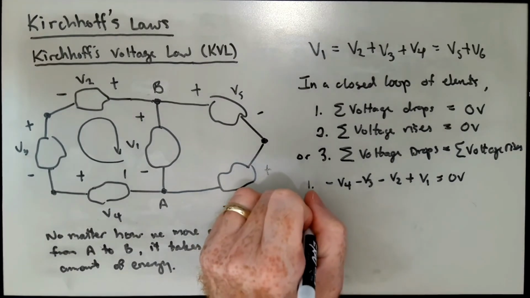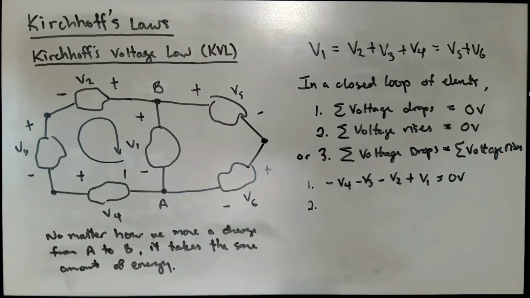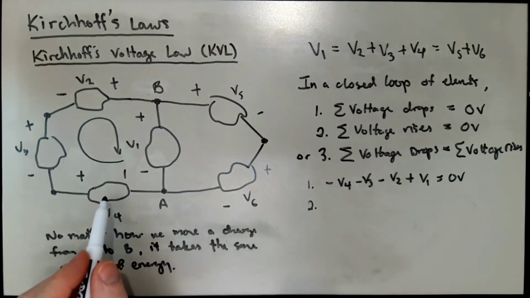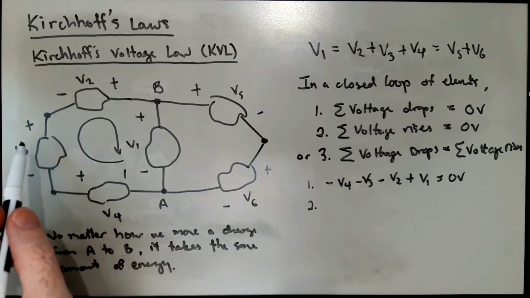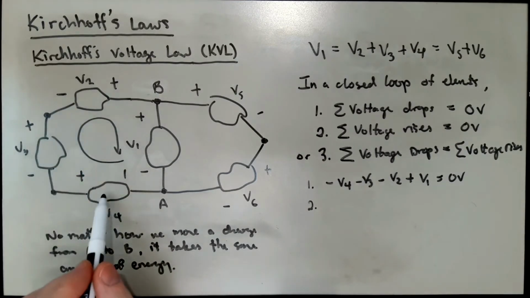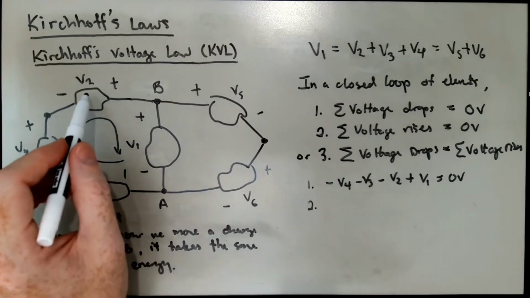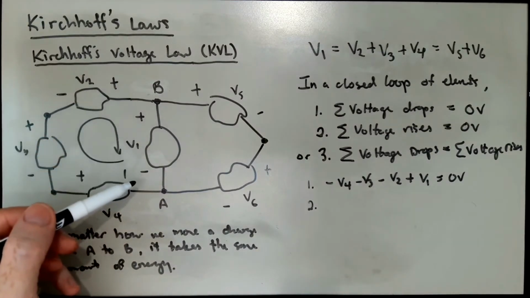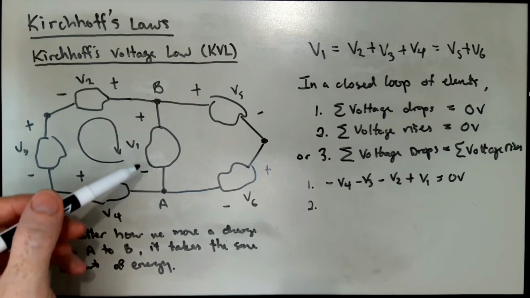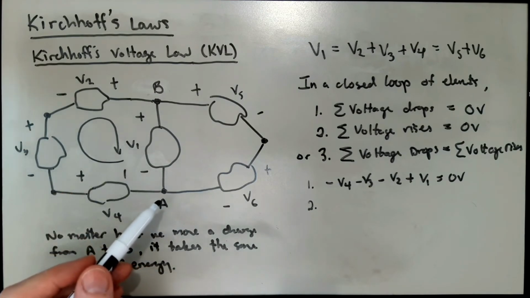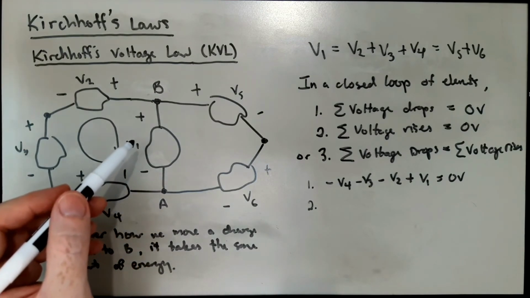So in the second way of phrasing it for this same loop, we would have basically the sum of the voltage rises, so that would be V2 plus V3 plus V4, so V4 plus V3 plus V2 minus V1 would equal 0 volts, where here in this case, a voltage drop is a negative voltage rise.